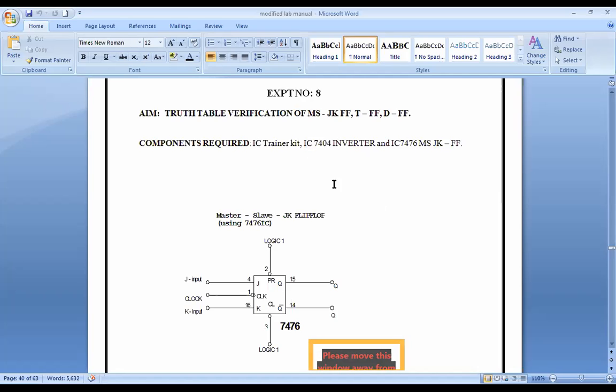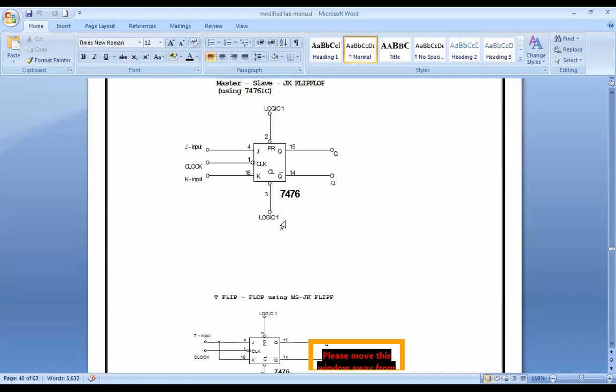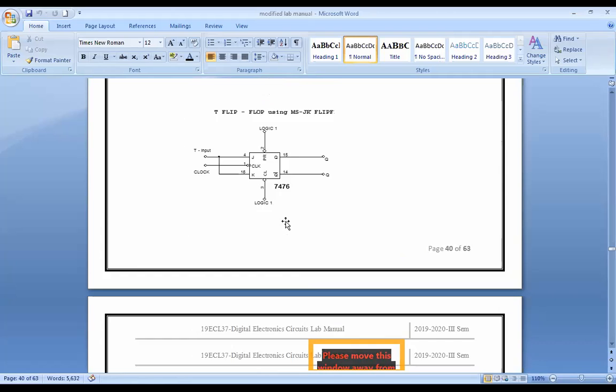If you want to get into simpler terms, otherwise you can use a NAND IC directly, do the cross coupling connections and then go ahead with it. So in order to make things still simpler, this IC is available, which is 7476, wherein you can directly just use the pins, and internally the connections will be there. Okay, sir. Okay, fine.